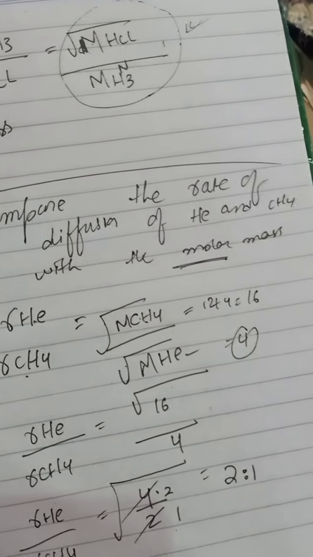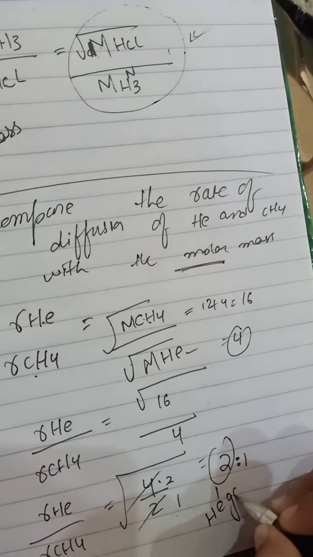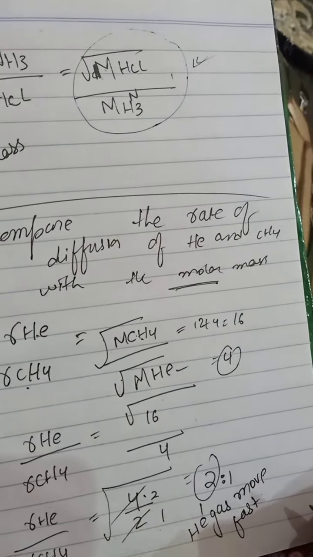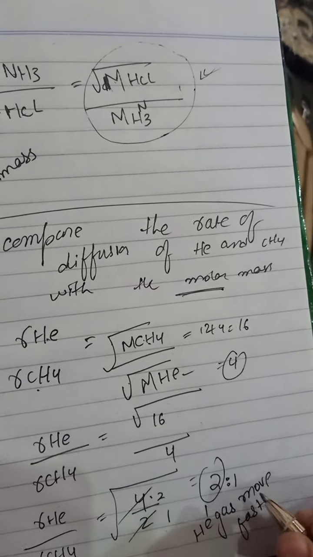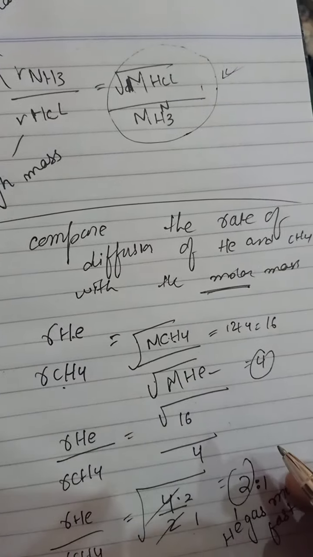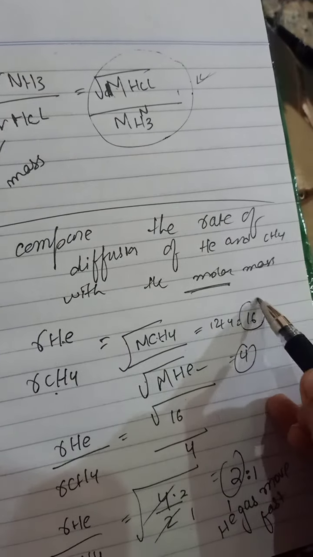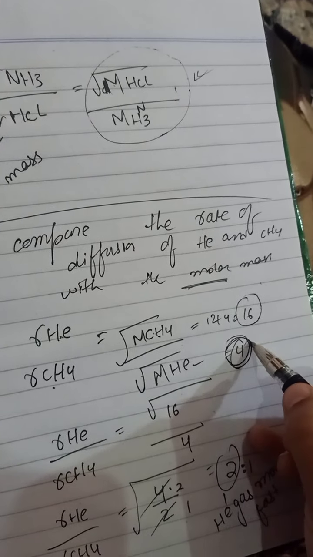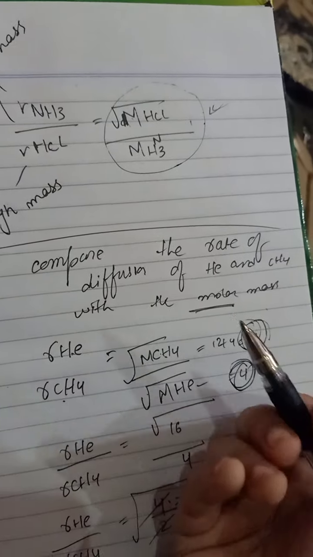It is clear that helium gas will diffuse 2 times more than methane, because if the mass is more, it will diffuse less, and if the mass is less, it will diffuse more.